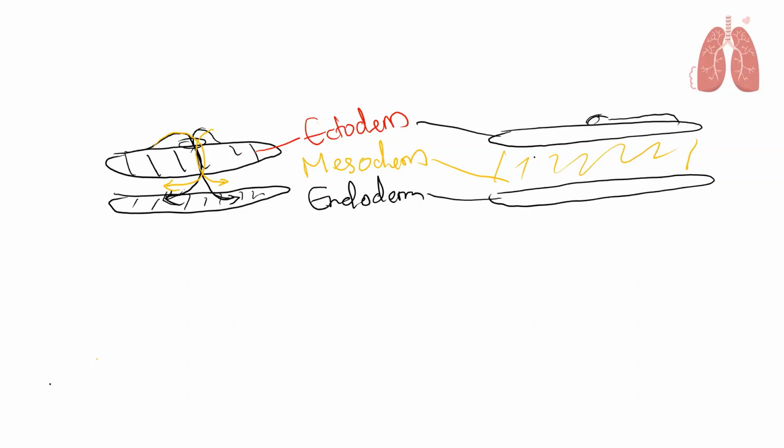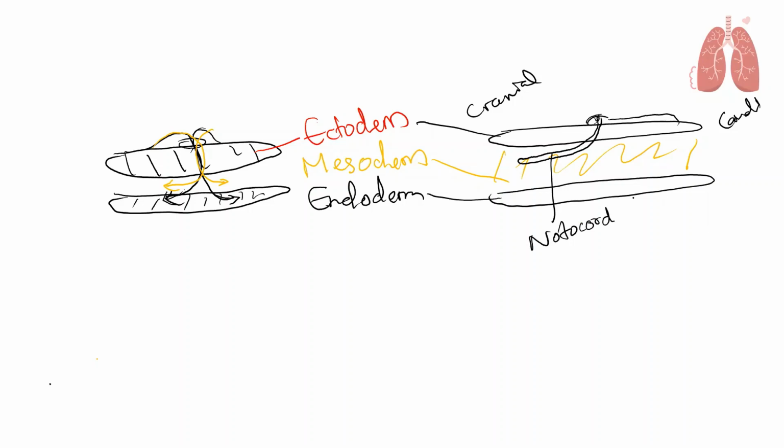After the cells form the mesoderm, a few more cells enter, forming a cord towards the cranial end. This cord is called the notochord. This forms the spinal column, the vertebrae, in the future.